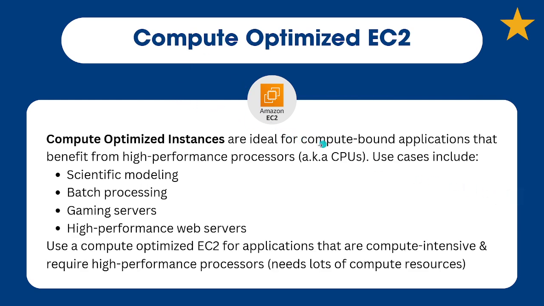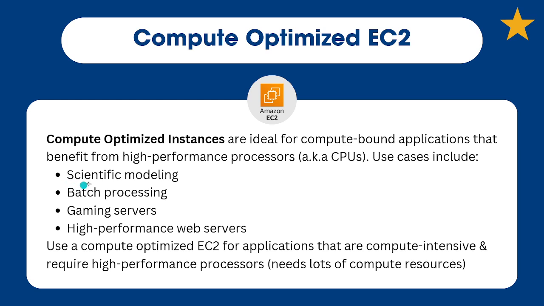Compute optimized is ideal for compute bound applications, or basically you're doing a lot of processing, tons of data. So think of your CPU. Is this something that the CPU would go crazy for? Use cases include scientific modeling, such as weather data, the stuff that helps us predict how hot it's going to be tomorrow.